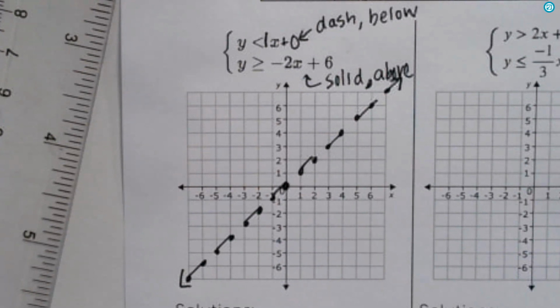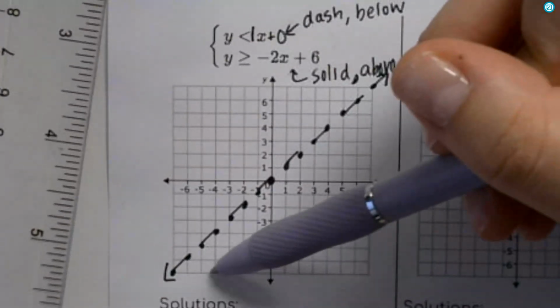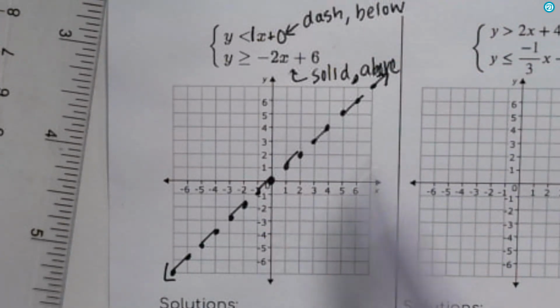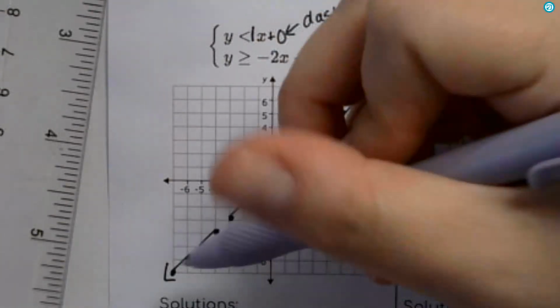When you shade, don't color in, just lightly shade it. I would also make my lines go the opposite direction of where the line I graphed is. So I need to shade everything below this. So I'm going to shade this way instead of this way, because it's going to make it a lot easier to see where my line is.